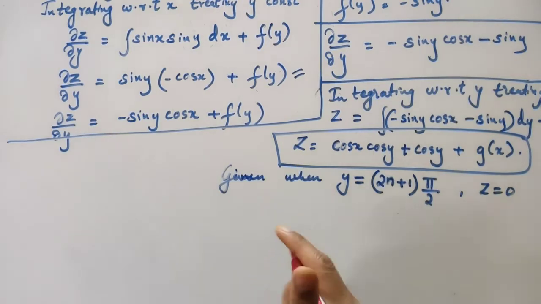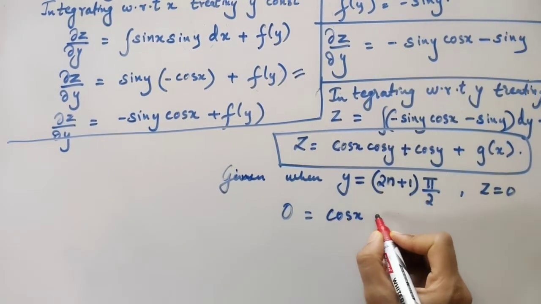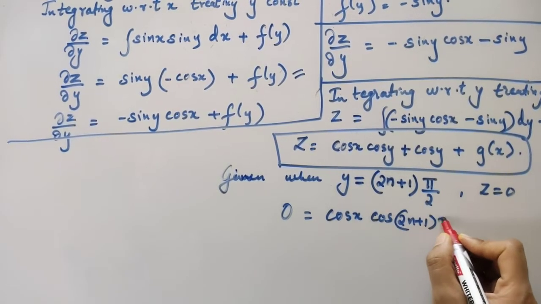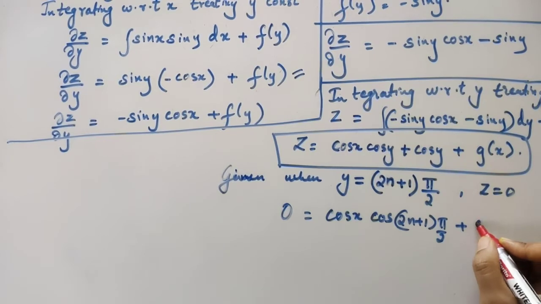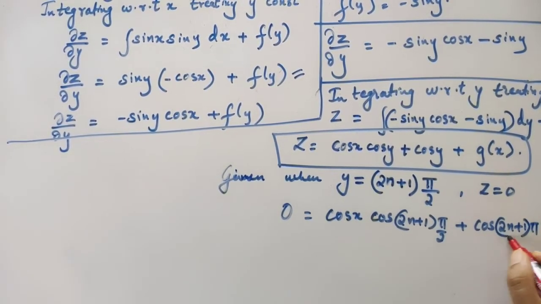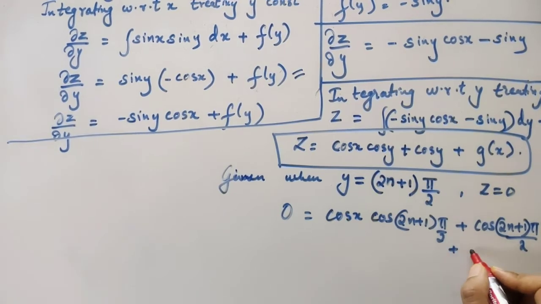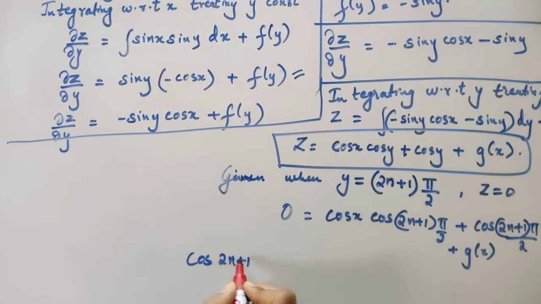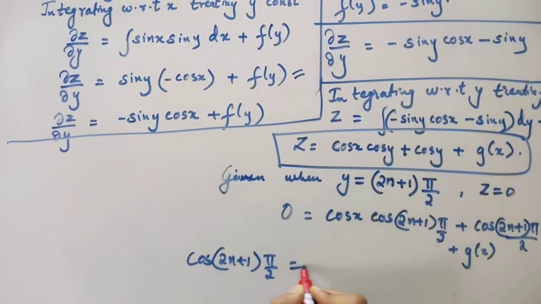Okay, so you have z is equal to 0. Left hand side is 0 is equal to cos x into cos of (2n plus 1) pi by 2, plus cos of (2n plus 1) pi by 2, plus g of x. Now what do you know about cos of (2n plus 1) pi by 2? It is always 0. Why?